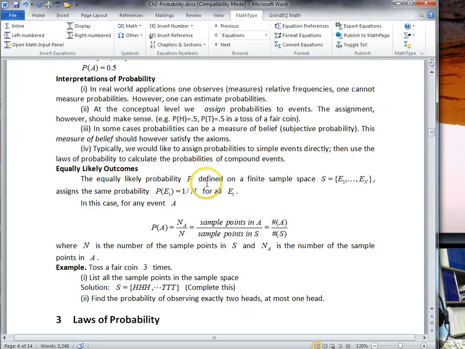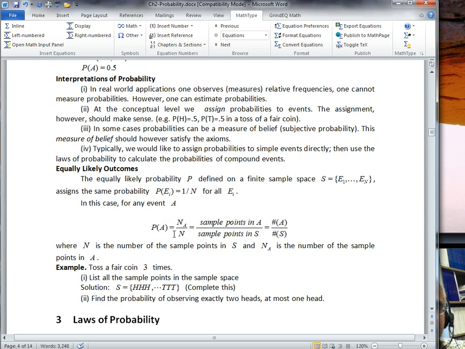So for equally likely probability defined on a finite space, with events E1 up to capital N, each one would have probability 1 over n. Now if I have any event A I'm interested in, I just count how many points are in A and how many points are in S, and the probability is the number of points in event A over the number of points in S. So that really simplifies things, especially if n is very large.